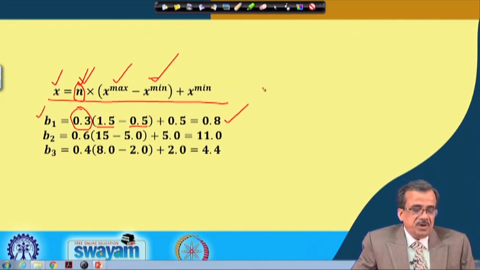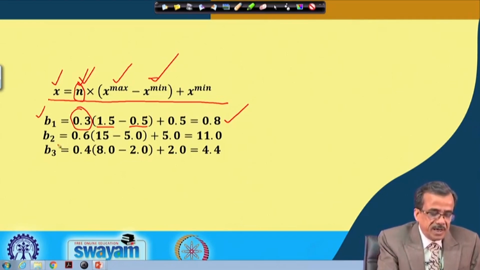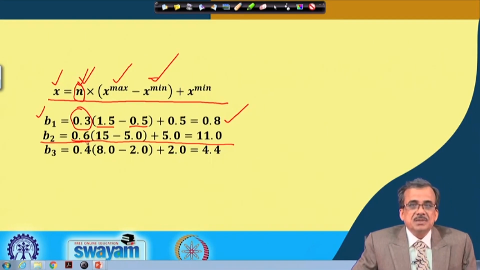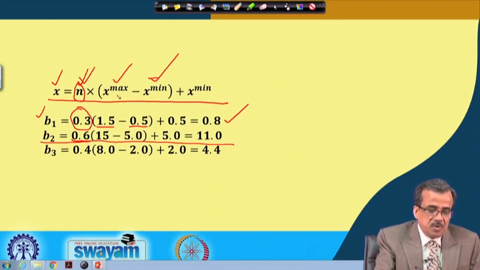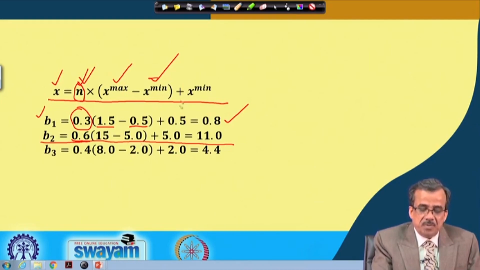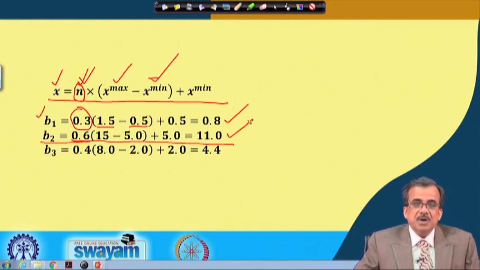So, the real value for B1 is found to be equal to 0.8. Similarly, we can find out the real value for B2, which is the normalized value of 0.6 multiplied by B2 maximum 15.0 minus B2 minimum 5.0, plus B2 minimum 5.0. So, this is 11.0.